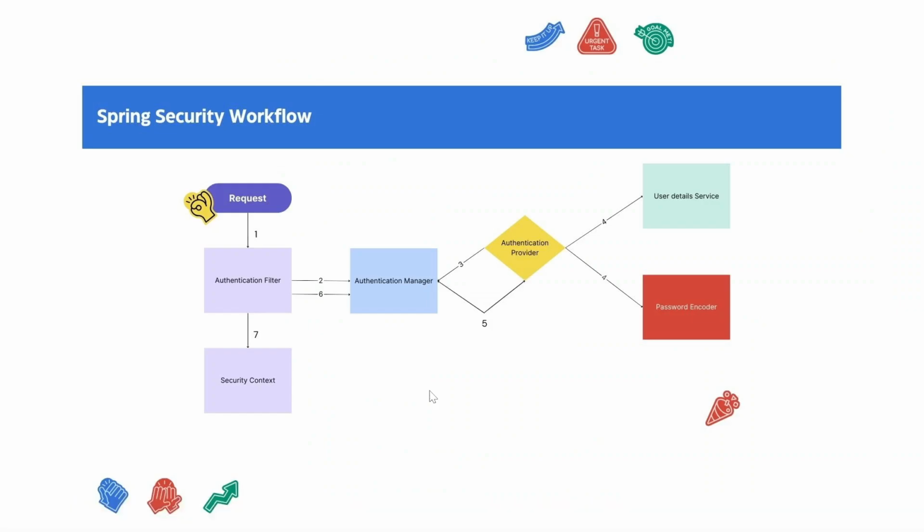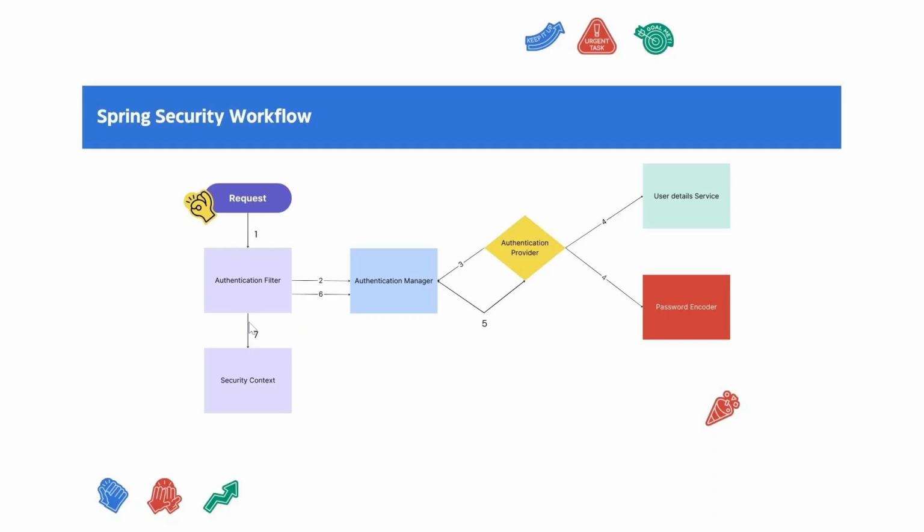So right here on our screen, we have the Spring Security workflow. At first, we have a request, and when that request is being sent to the server, because we have the Spring Security dependency, it's intercepted by what is known as an authentication filter. Now in most scenarios, at first it checks what is known as the security context to see if an authenticated user has been associated with that particular thread of request.